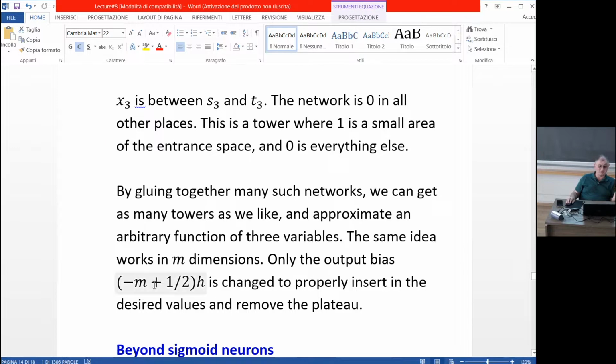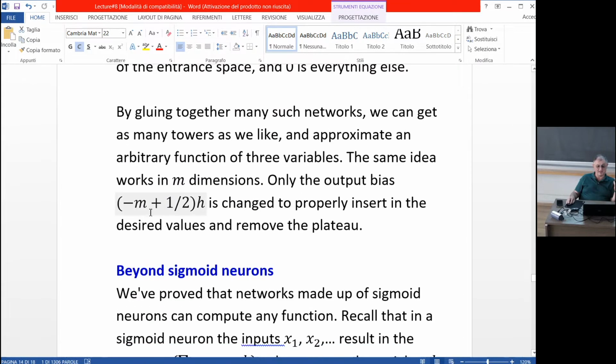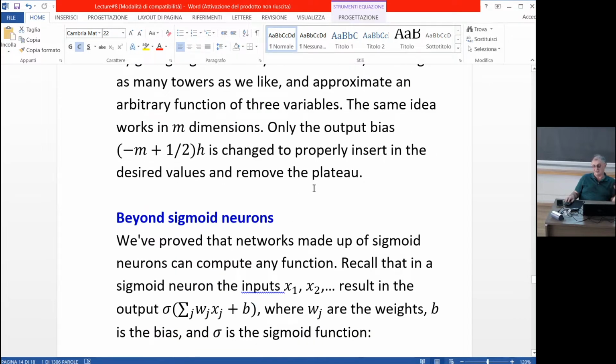Only the output bias, not minus 5h, for example, but minus m plus 1 over 2, times h. Yes, minus m plus 1 over 2. H is changed to properly insert the desired values and remove the plateau. So if then else is the standard procedure to cut off our plateau configuration.